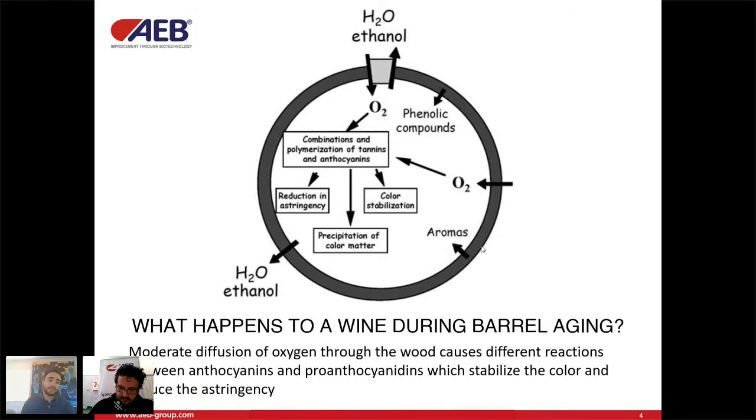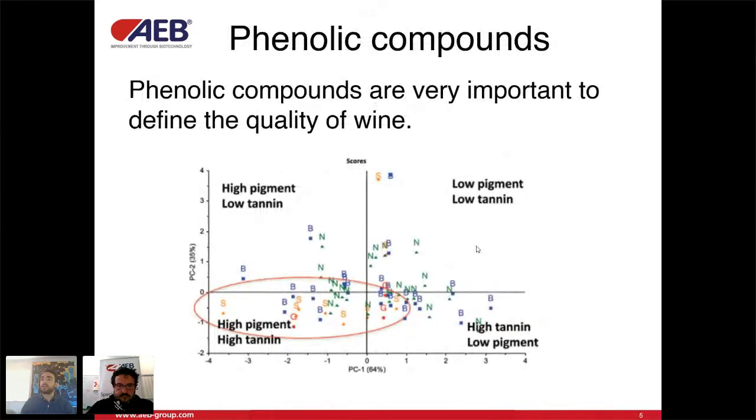So to understand what's happening inside a barrel, we have to first try to understand what the phenolic compounds are. And to start, I want to share why the phenolic compounds are so important.